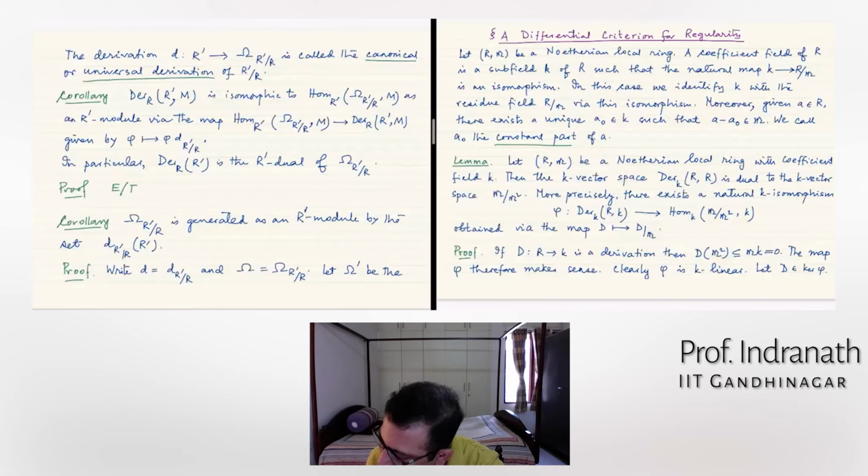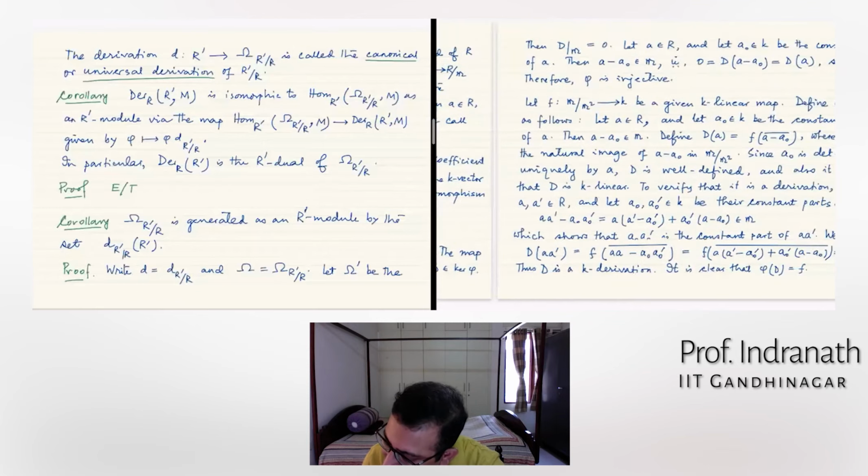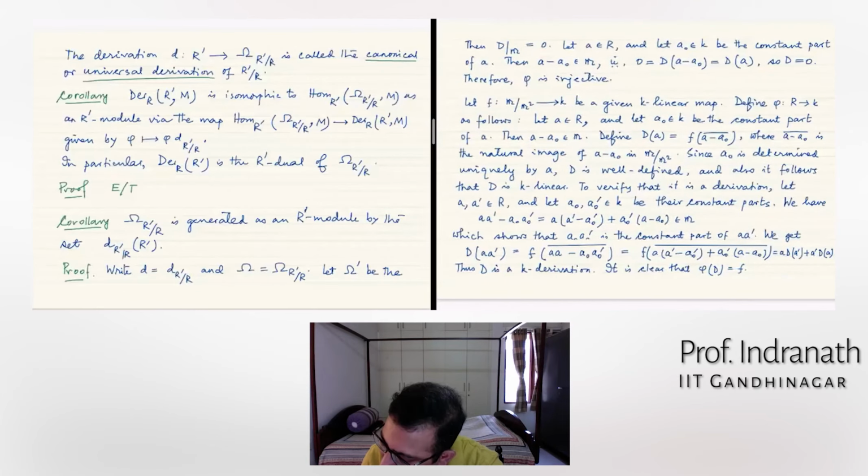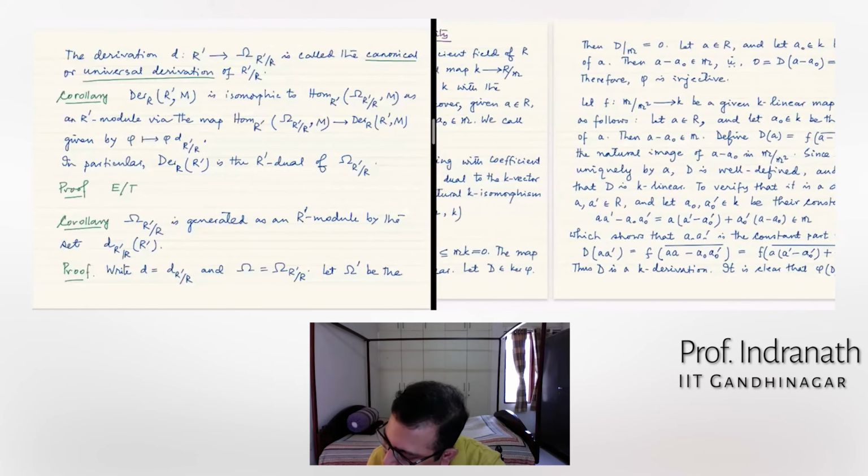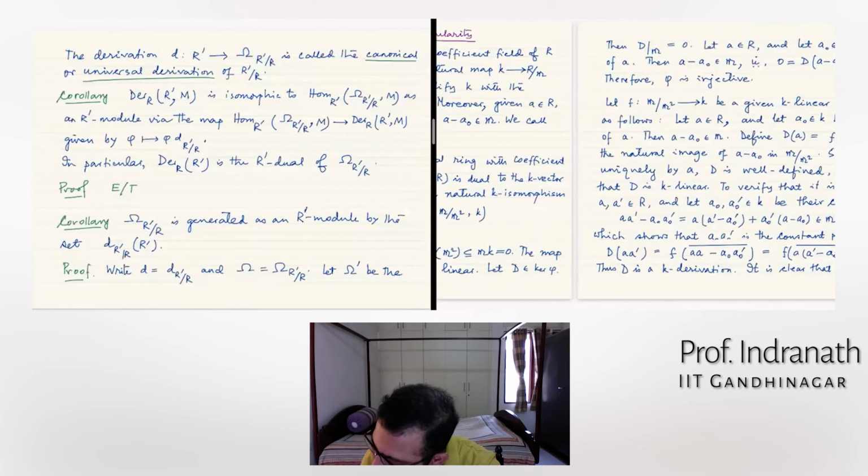And now if you want to show that it's injective and surjective. So if you have D in the kernel, a derivation, what derivation? It's a k derivation from R to K. And you want to show that, if you assume that this map is 0, then this is the 0 derivation, right? That's what you are trying to show now. Okay, so assuming this, now let a belong to R and a0 be the constant part of a. Please don't forget that this is what we have called the constant part.